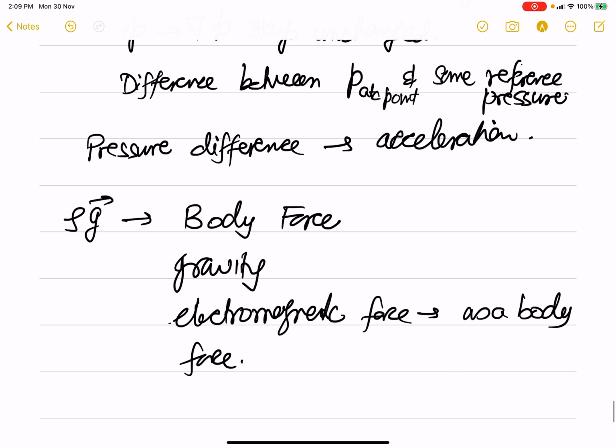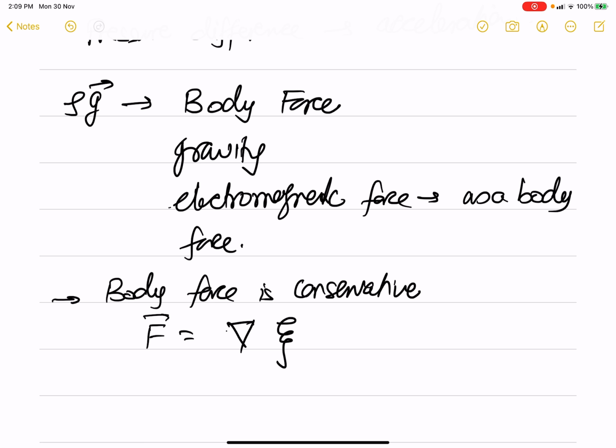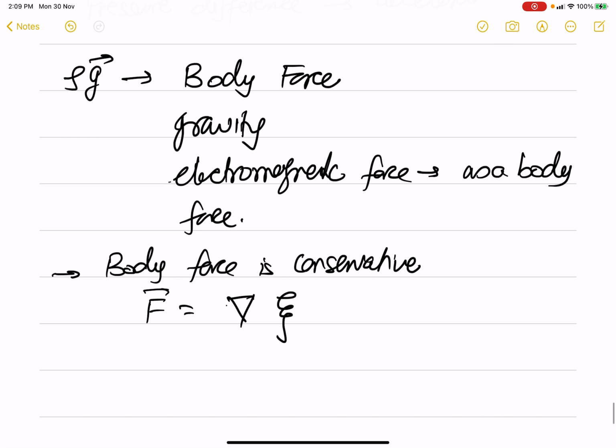The second thing we realize is about when the body force is conservative. What do we mean by a conservative force? That force can be expressed as the gradient of some scalar zeta, or whatever scalar you call it. Normally we call it phi, but here we'll be using phi for something else. So if the force can be expressed as a gradient of a scalar function, then this zeta is typically what becomes the potential energy.